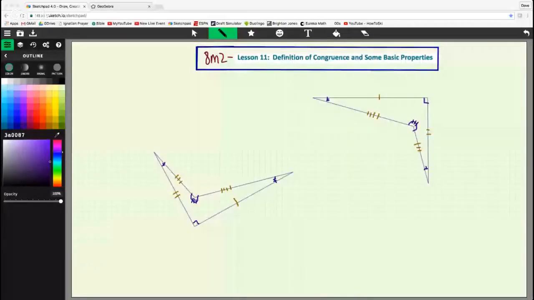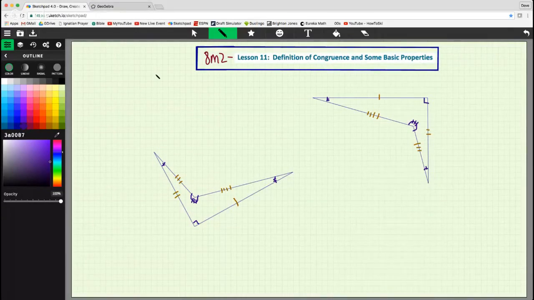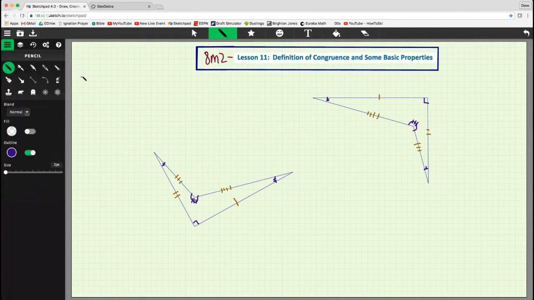Okay, let's move to our magic sketch pad. So let's just talk about the definition of congruence. We have been talking about transformations and rigid motions.